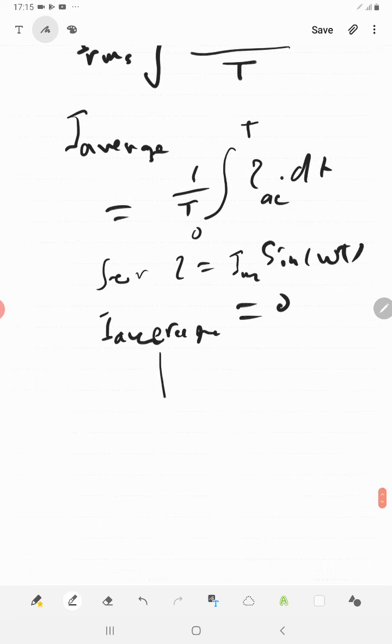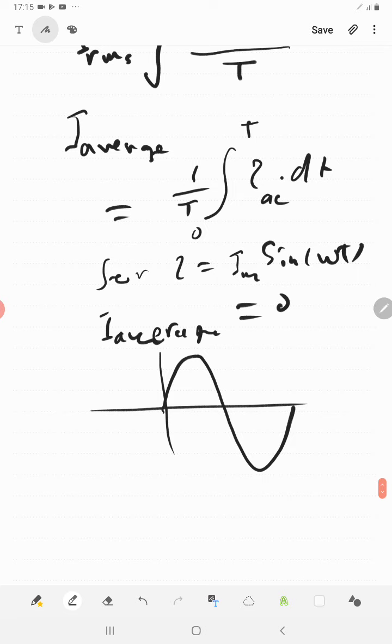Why? Because we have two half cycles of equal area but opposite sign.